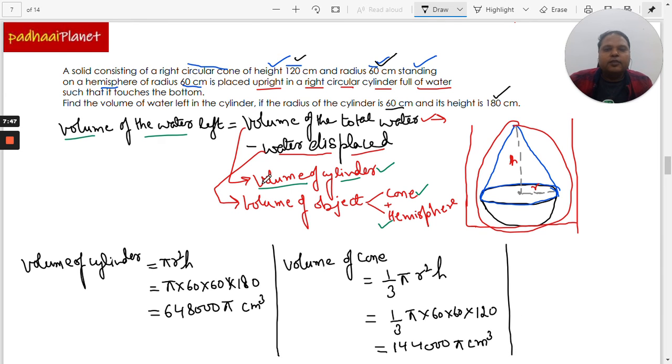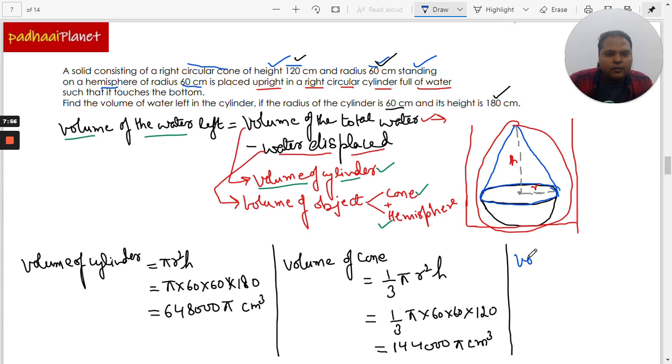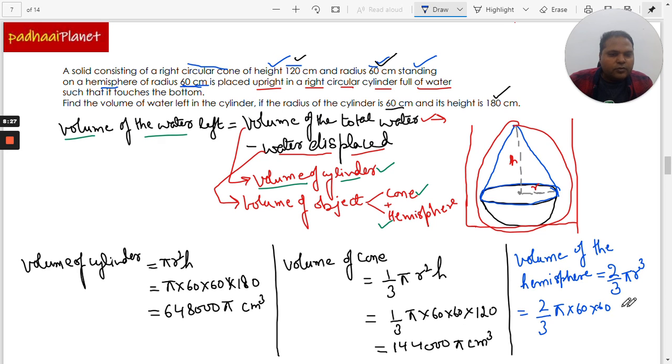And now let's find out the volume of the hemisphere. We know the formula: 2/3 pi r cube. So that's 2/3 pi, where r is 60 because the radius of the hemisphere is given as 60 centimeters. So that's 60 into 60 into 60.